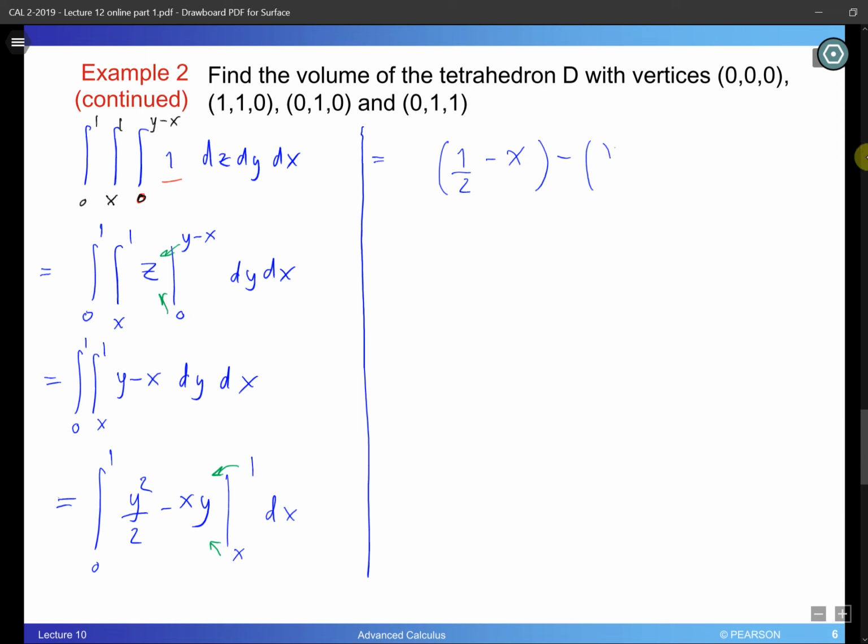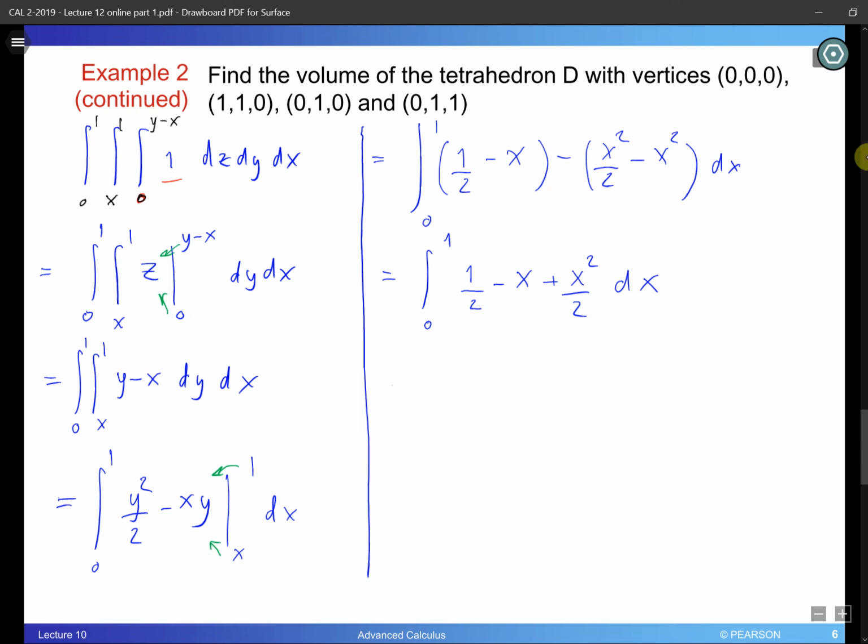This becomes x squared over 2 minus x squared. Integrate this with respect to x from 0 to 1. Let's combine all these terms. Integrate 0 to 1. So what do we have here? We have 1 over 2 minus x plus x squared over 2. Okay, integrate this with respect to x.